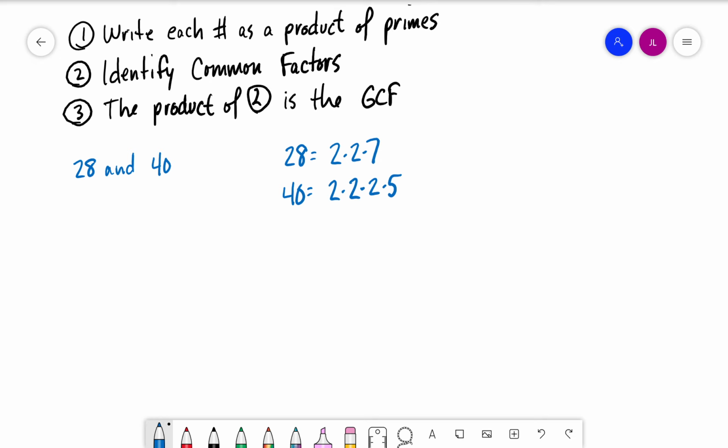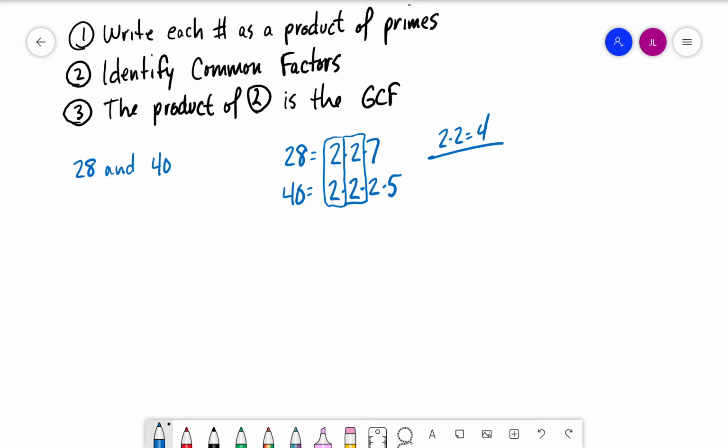So basically we identify what's common between the two. Well, we have a 2 common there, and a 2 common here, and that's it. So if we take the factors that are common to each and multiply them, 2 times 2 is equal to 4. The greatest common factor between 28 and 40 is 4.